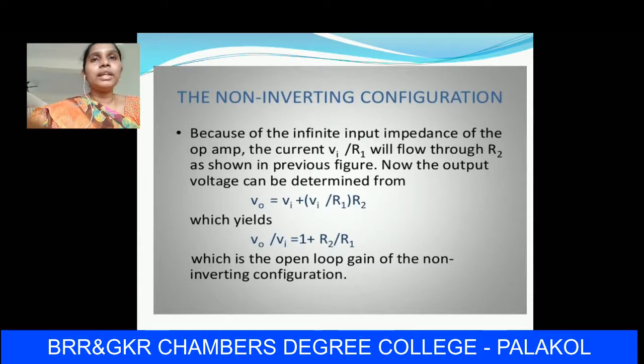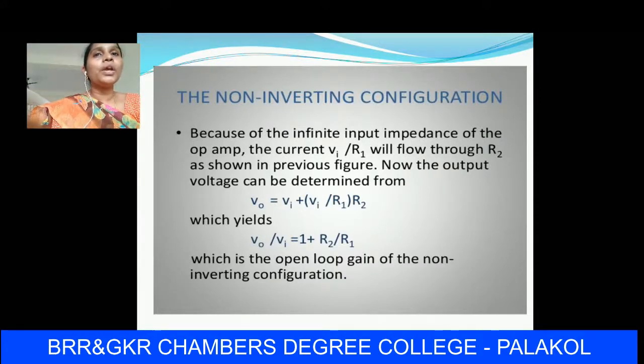When we calculate this, we find V0 by Vi, which is the gain. Therefore, for the non-inverting amplifier, the gain is V0 divided by Vi is equal to 1 plus R2 by R1, which is the closed loop gain of the non-inverting configuration.